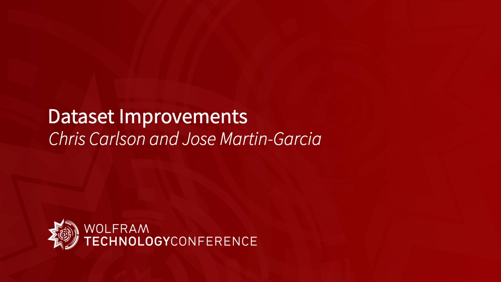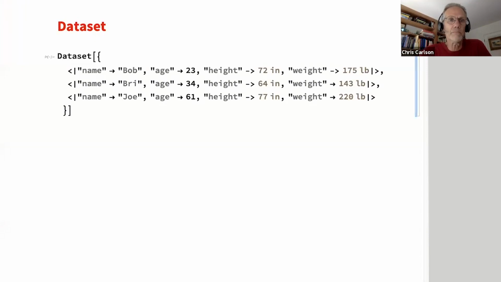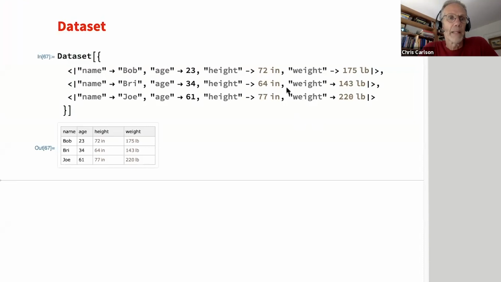For those who may not be real familiar with Dataset, let me just give a brief introduction. Dataset is the main concept in Wolfram language for dealing with structured data sets, by which I mean nested lists and associations. Here is a data set, which is a list of associations, and you get the list elements going down as rows, and each column corresponds to one of the elements of the association.